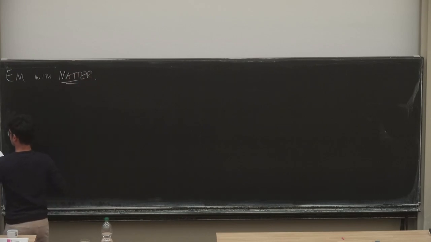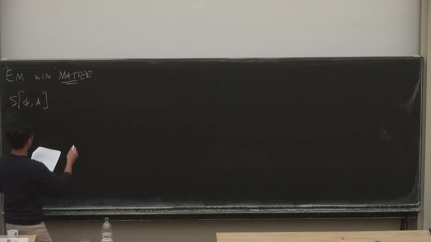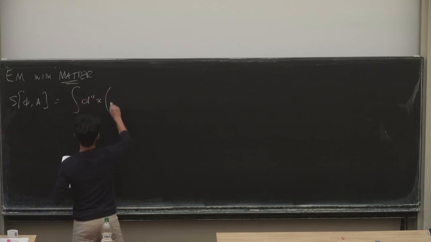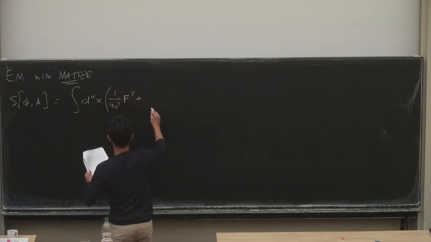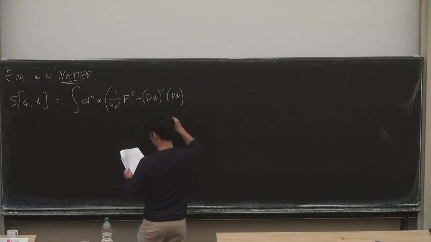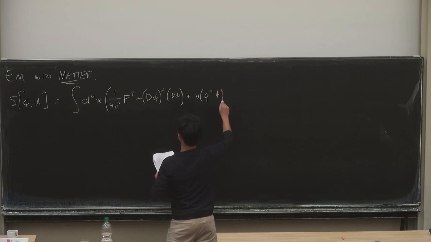Okay, so now consider the following theory. I now have not just a vector potential, but a charged scalar field as well. And the action is the integral d^4x of 1 over 4e^2 F^2 plus |Dφ|^2 plus V(φ†φ).